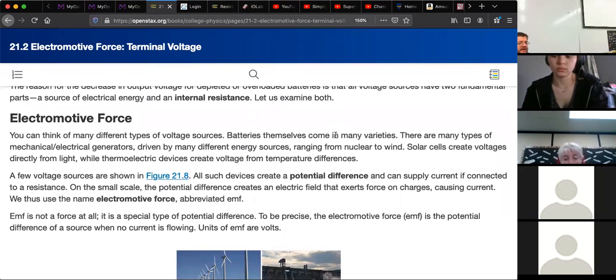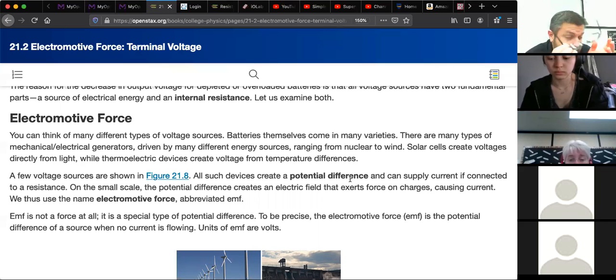All right, so now we get on to electromotive force, which is kind of an archaic name for something that we've already learned about, which is called voltage.